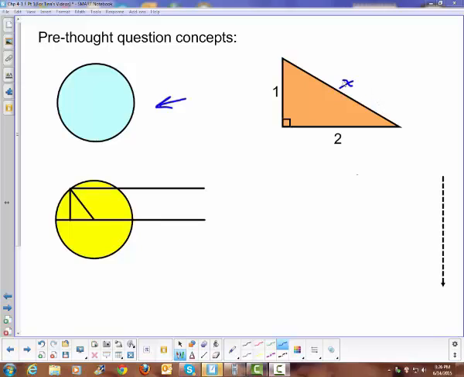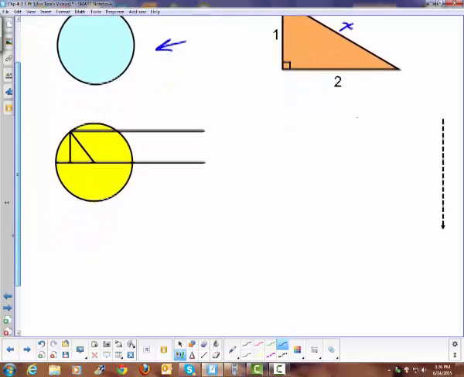I need to find the length of x, but you'll notice this is kind of a special right triangle in that one leg is 1 and the other is 2. In other words, one side is half the length of the other. We're going to come back and talk about that in a little while too. So let's quickly review the rule of Pythagoras here, and allow me to just slide this down a little bit.